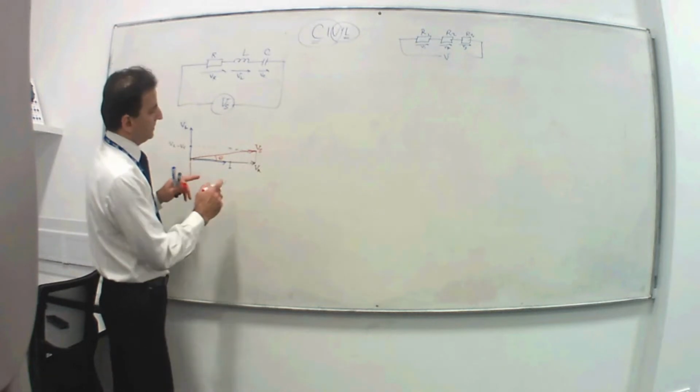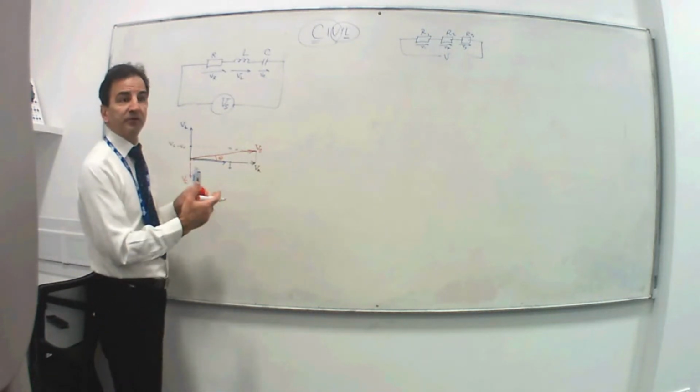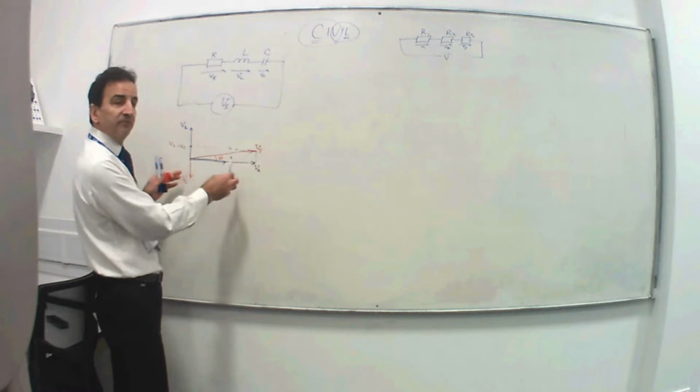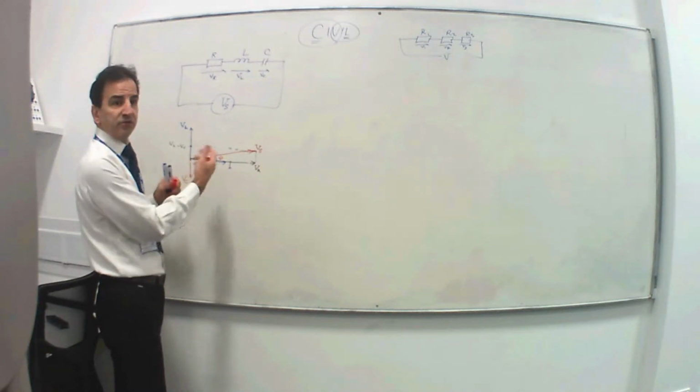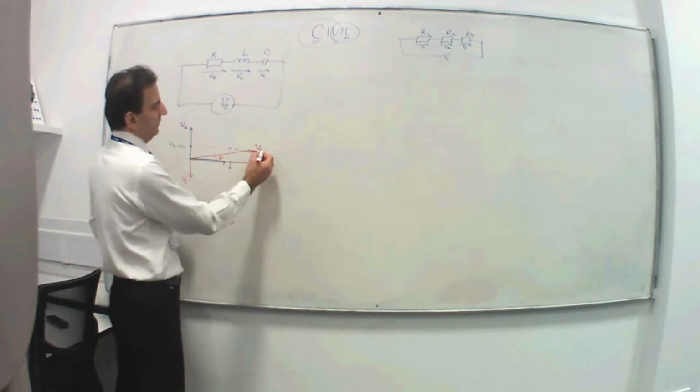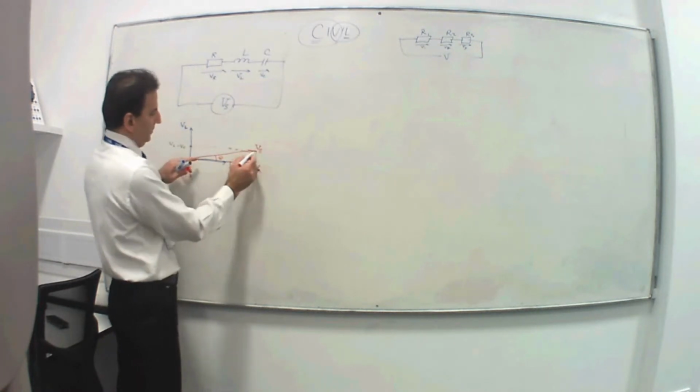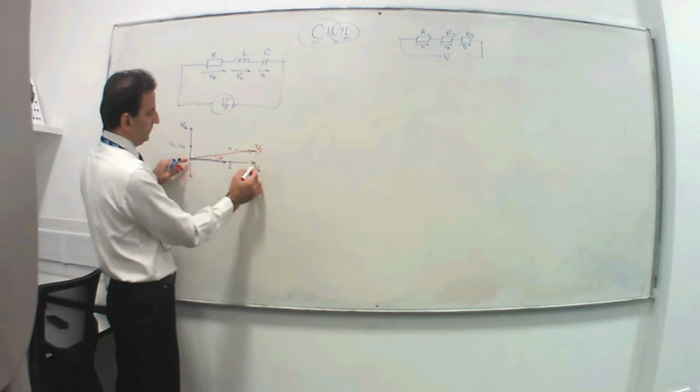So the second method is using Pythagoras. Do the same thing, but you don't have to do it to scale, you just do a sketch of that. To find this, you look at this right angle triangle.